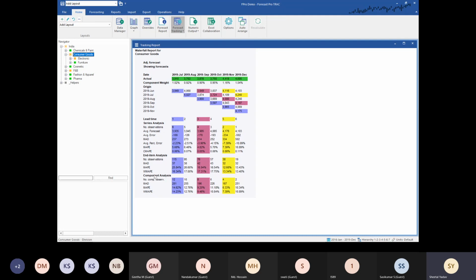When we look at the component analysis, because I have only two components within consumer goods, I have a total of 12 observations with a lead time of 1, which is 6 observations for the electronics category in lead time 1 and 6 observations of furniture in lead time 1. And total it is 12, then 10, and then 8 and 6 and 5 and 2. So that's how it's going to calculate the values over here.